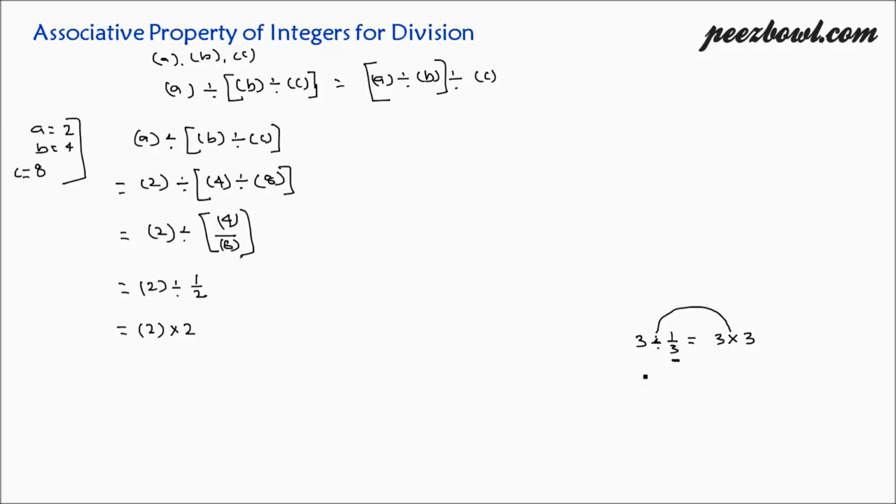Same way, 1 upon 4 when divided by 2, 1 upon 4 will remain as it is. This division sign will change to multiplication, and when we are changing division to multiplication, then we are inverting 2. This will become 1 upon 2.